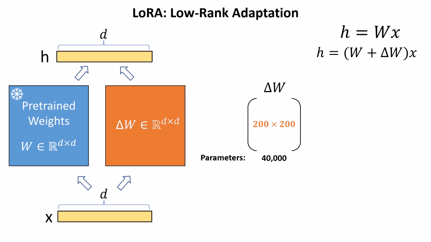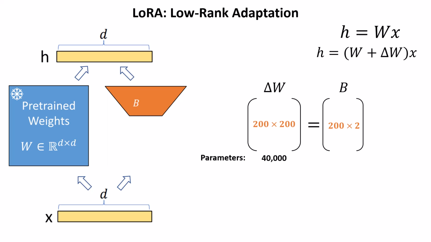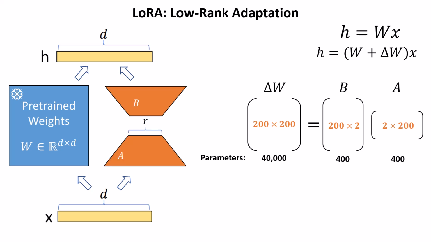But one thing I can do is factorize this matrix into a matrix B, let's say 200 by 2, multiplied by another matrix, 2 by 200. And the multiplication of B and A has exactly the same shape as delta W, but now we have 400 parameters for B and 400 parameters for A. But why should this work?